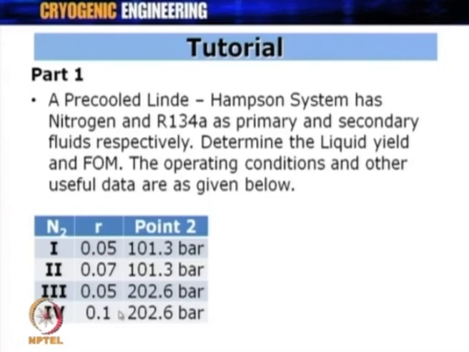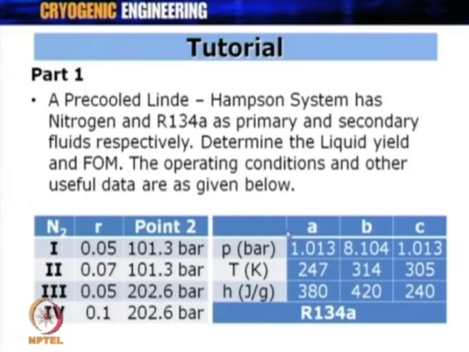We also want to study the effect of R for different pressures, in which case we have taken the pressure as 202.6 bar, or 200 atmospheres, and again we vary R from 0.05 to 0.1. So, in short, we are studying the effect of pre-cooling for two different pressures, 100 atmospheres and 200 atmospheres, and also for two different R values, 0.05 and 0.07 for the first, and 0.05 and 0.1 for 200 atmospheres.